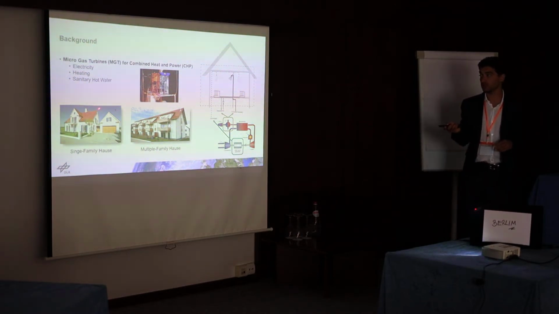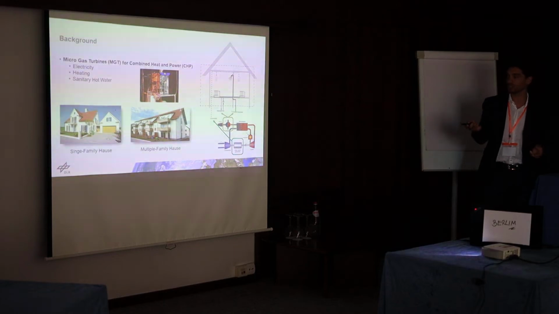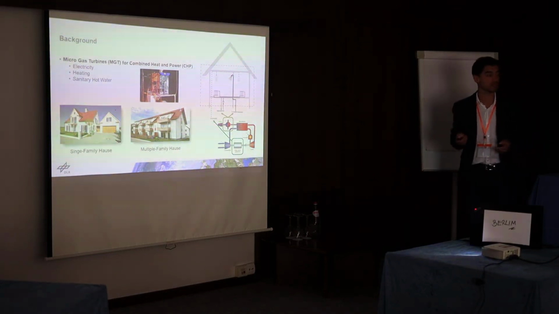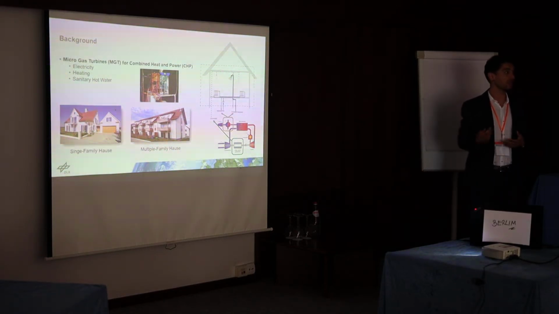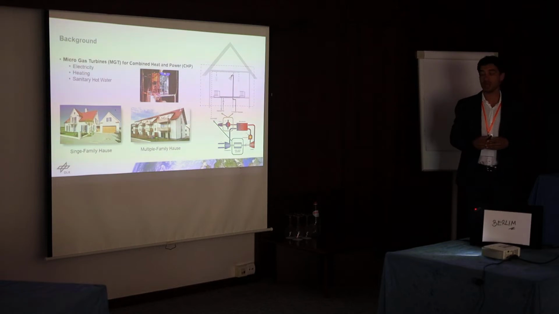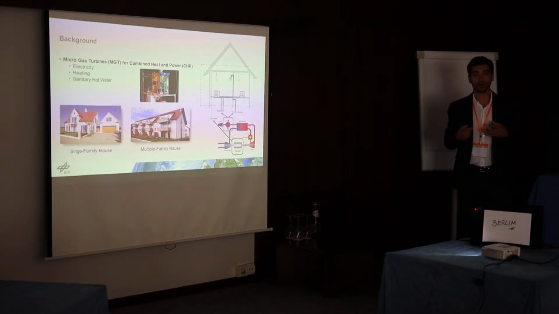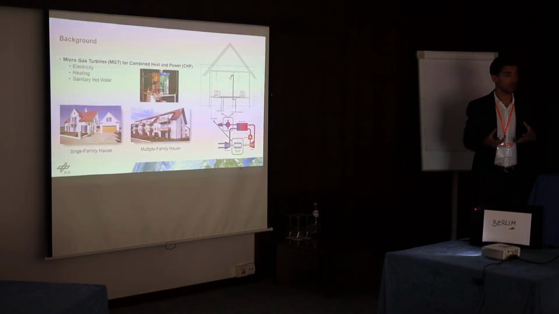And here you see two very typical German houses, so single family and multiple family houses. Those are typical applications for this technology, but it's not limited to that. So they are often found also in small hospitals and small industries and so on.